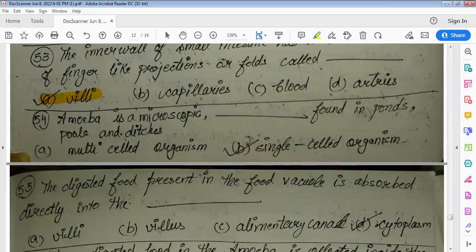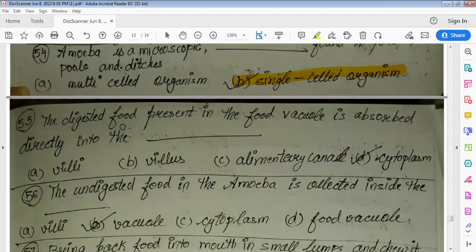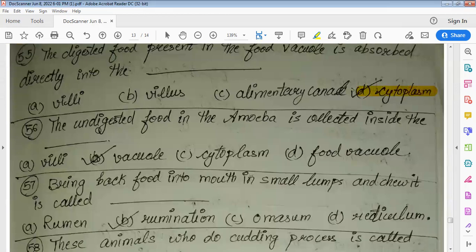Amoeba is a microscopic single-cell organism found in ponds, pools, and ditches. The digested food present in the food vacuole is absorbed directly into the cytoplasm. The undigested food in the amoeba is collected inside the food vacuole.